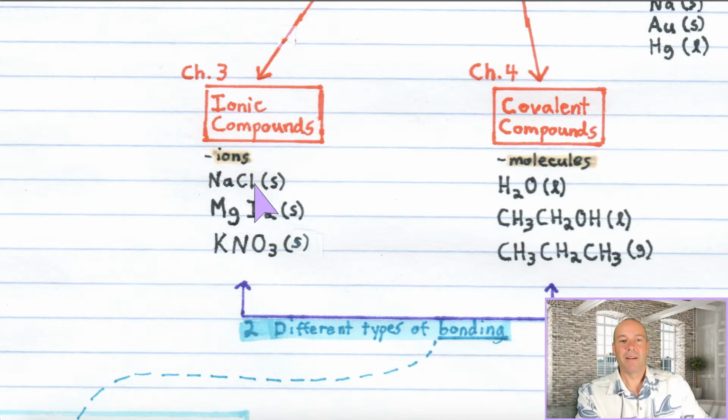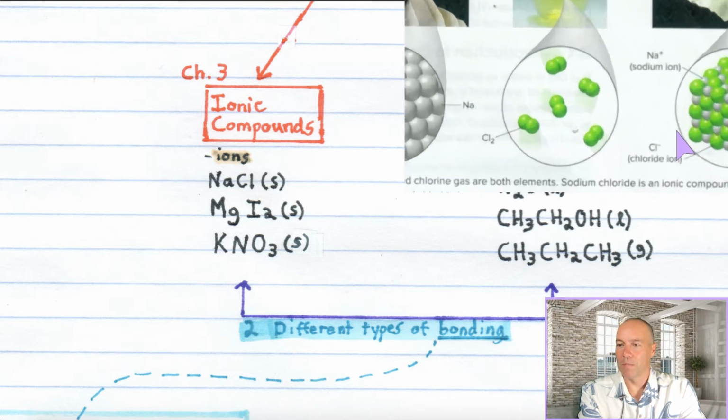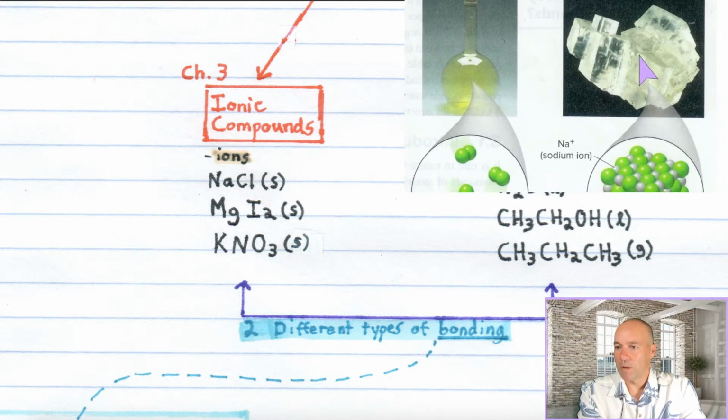All right. Ionic compounds also have a very nice structure, and I'll show you a picture of an ionic compound. This is a picture in your textbook. Here's the substance sodium chloride. Here's a crystal of salt that you could see under a microscope.